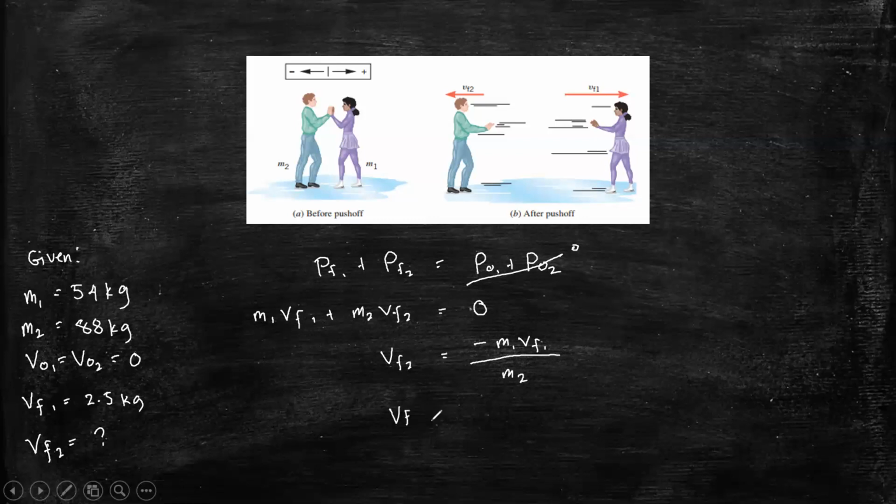Substituting the values, we have negative 54 kilograms times the final velocity of the girl, which is 2.5 meters per second, divided by the mass of the man, which is 88 kilograms. Therefore, our final answer, the recoil velocity of the man, is negative 1.5 meters per second.